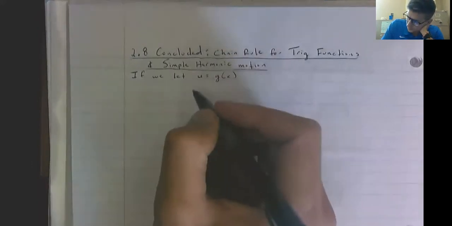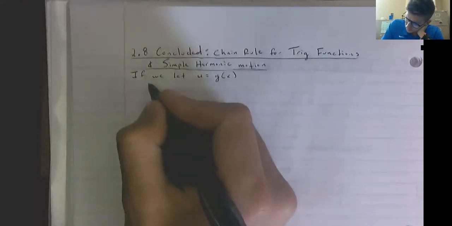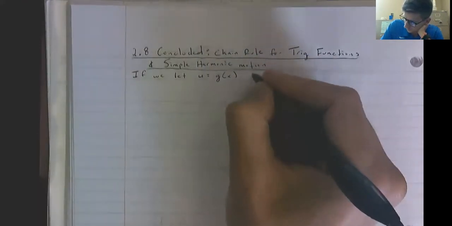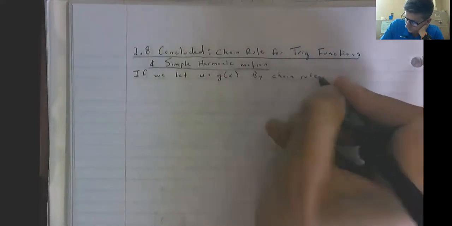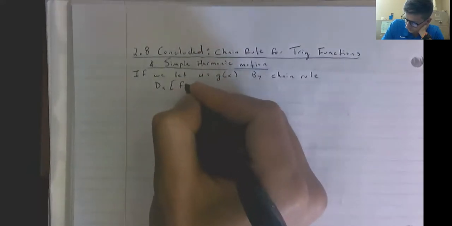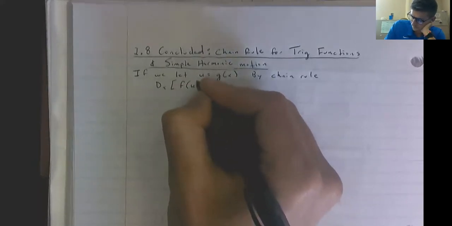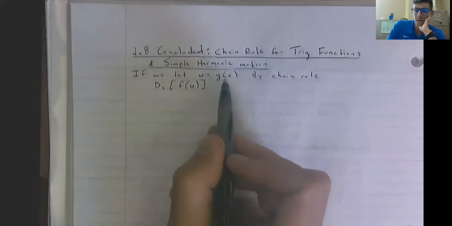Then by chain rule, if we're differentiating some function f that takes as its argument u, well, u is another function.